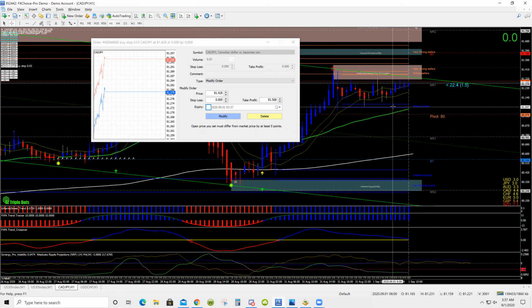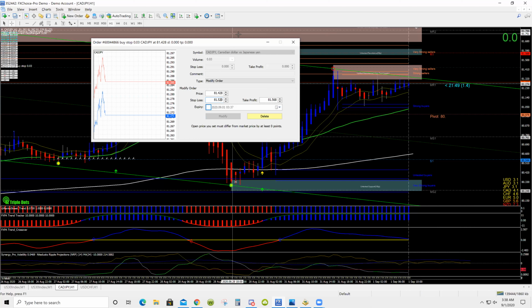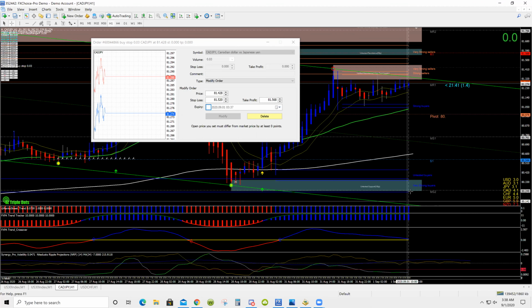If you guys want to put in the same order, you can. I'm going to type that in the chat. So CAD JPY, we're taking a buy at 81.428.